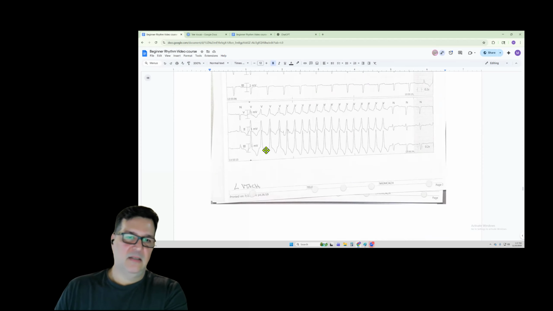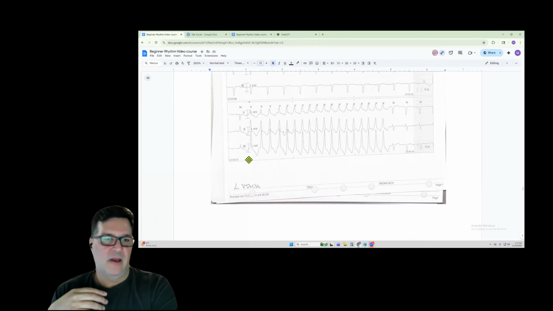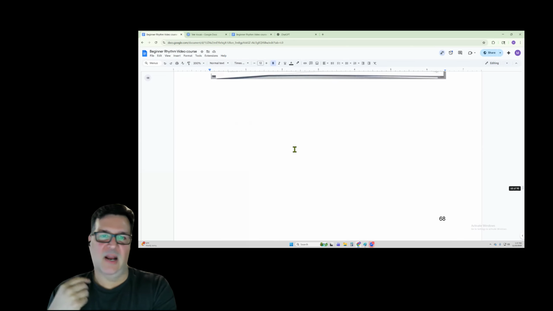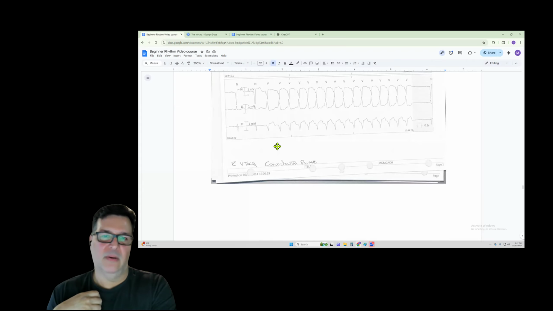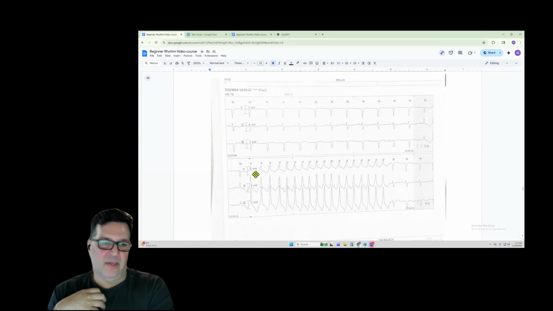Left PVCs, or left VTAC, to me, it's so pretty, because if you open up all your leads, you could have more lead potential down here. They'll all be going positive. All the deflection will be going positive. It's just kind of one of those key notes of left ventricular, where up here it doesn't. But these are left, because looking at V lead, they're straight up off the baseline.